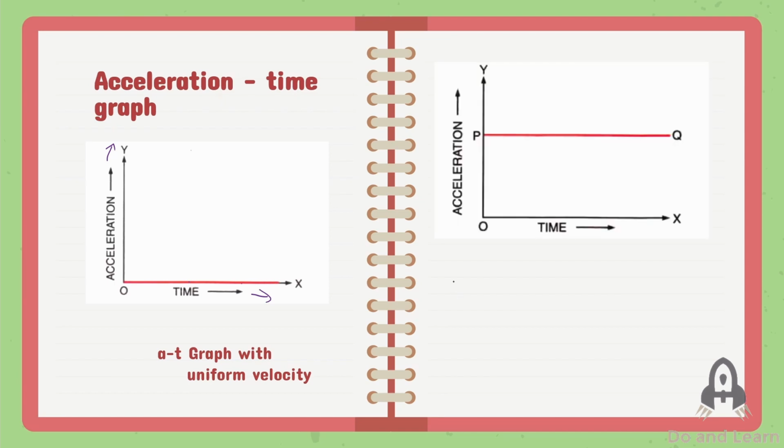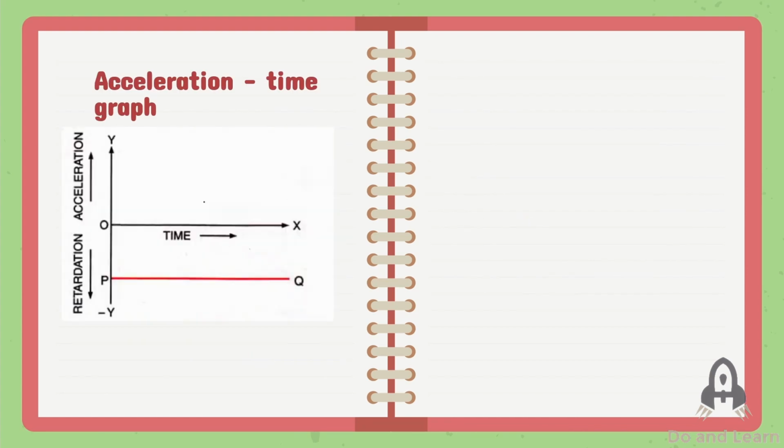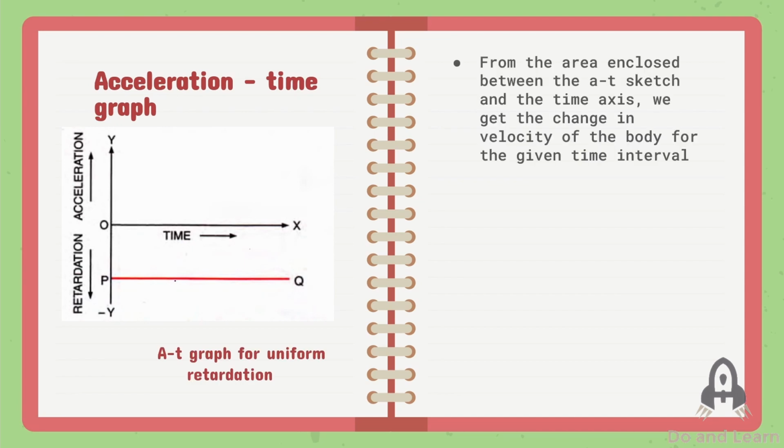And this is the constant acceleration. The object is moving with the constant acceleration, uniform acceleration. So the curve will be parallel to the time axis, x-axis. And another one, this graph represents the retardation, uniform retardation. You can see the graph is in the negative region of the graph.